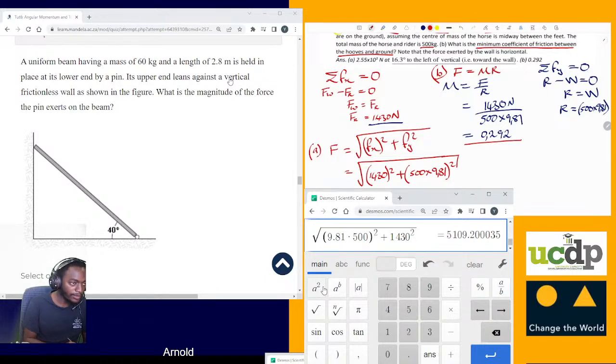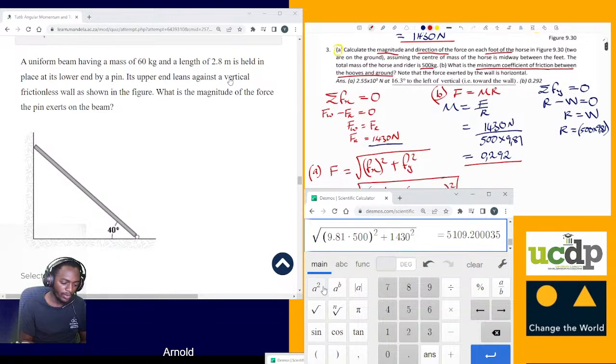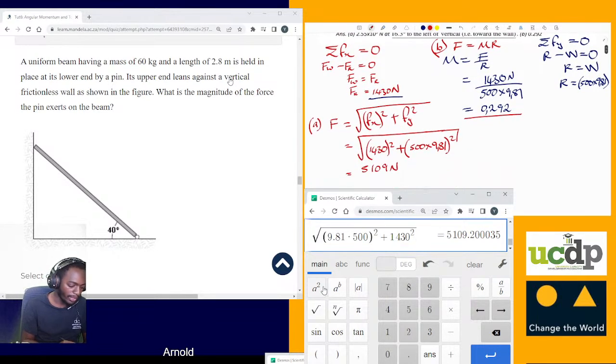Okay, so this is 5,109 newtons, and this is for, okay, they said we should calculate the force on each foot, so this will be for both, right?